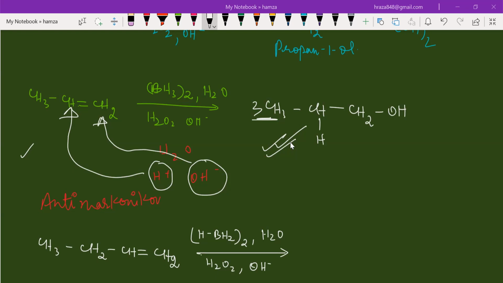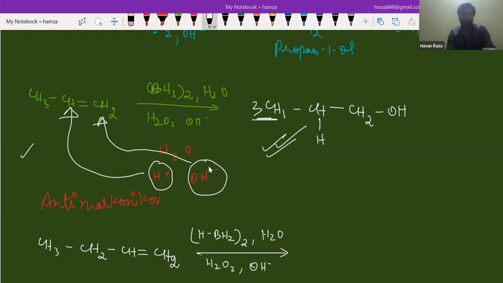Sir, it will be CH3, CH2, CH, and then down there is H, and then OH. Yes, it's good. Correct. Nafisa, why don't you answer in terms of its IUPAC name instead of telling me CH3, CH2?